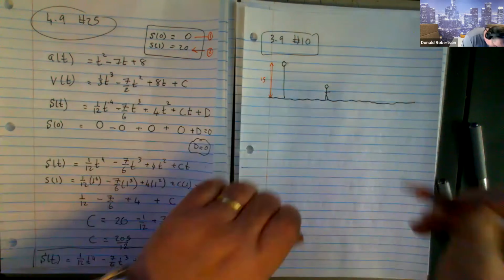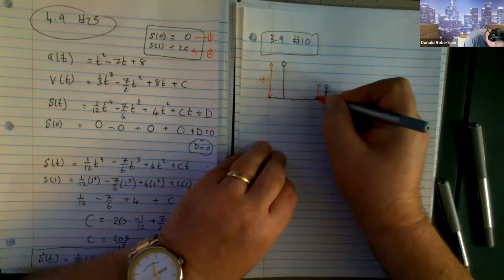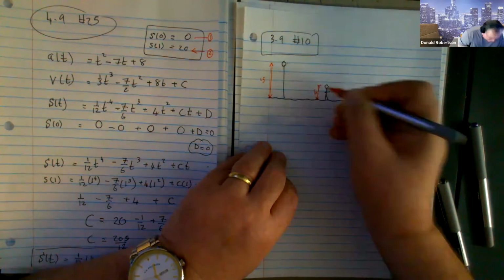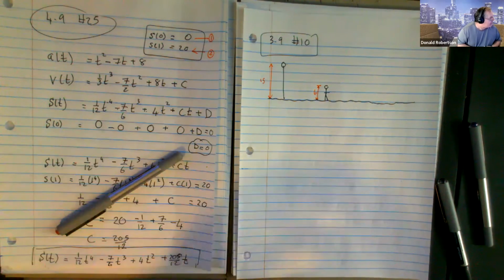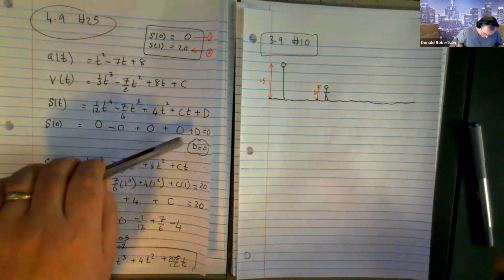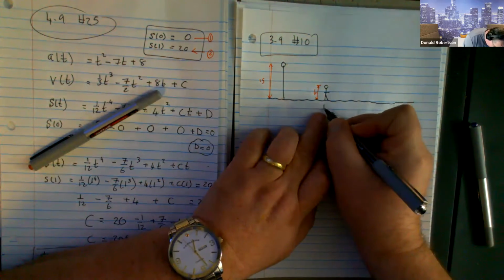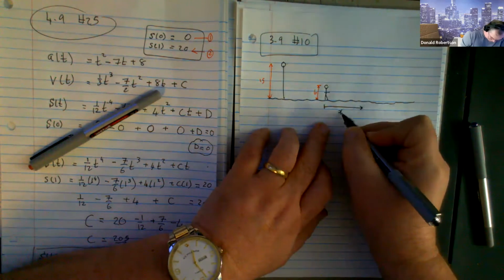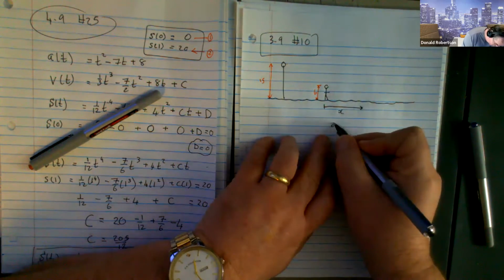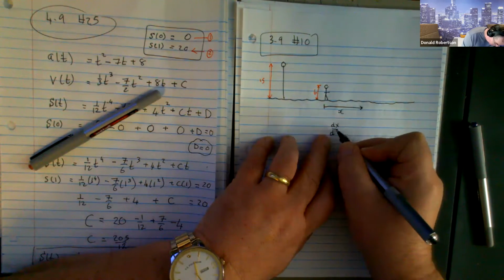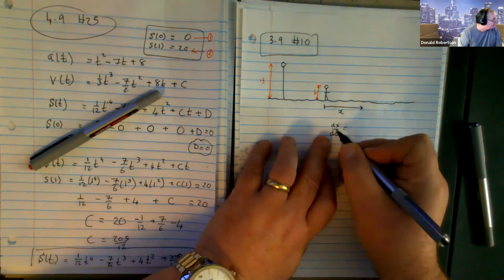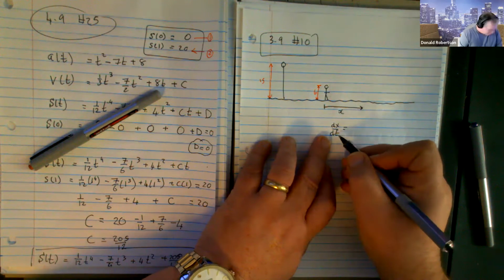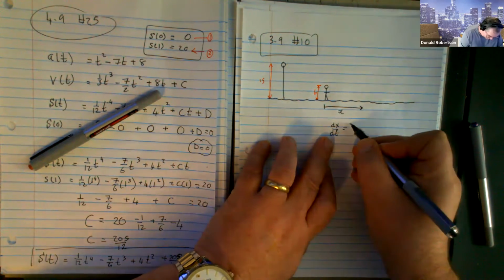And you have just told me that he's 6 feet tall. Okay, we got that. And he's walking away from the pole at 7 feet per second. So he's walking away, and I'm going to call that x because I want to. And he's walking away at the speed, so that's dx by dt is 7 feet per second.